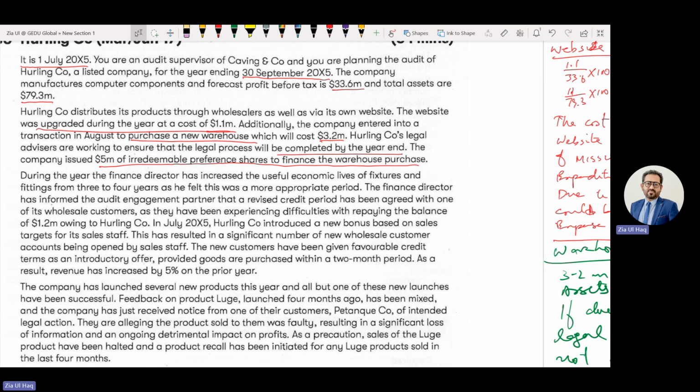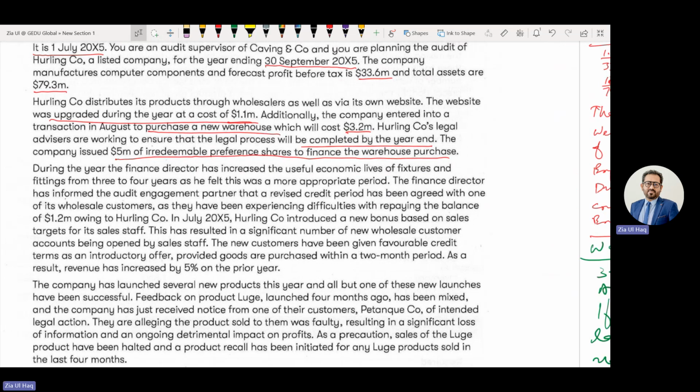During the year, the finance director has increased the useful economic life of fixtures and fittings from 3 to 4 years, as he felt this was a more appropriate period. They have increased the useful life of the asset. What could be the risk?